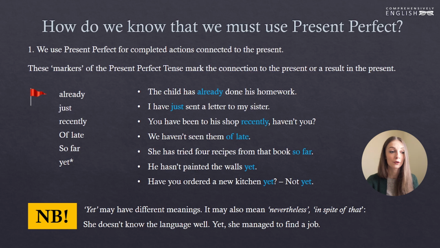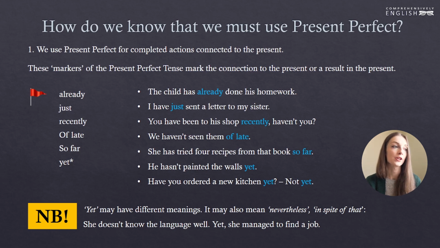It can be used synonymously with nevertheless and in spite of. She doesn't know the language well, yet she managed to find a job. She doesn't know the language well, nevertheless she managed to find a job. Yeah? So we are not talking about that meaning when we speak about the present perfect tense. We speak about yet that is used in negative sentences and in questions.